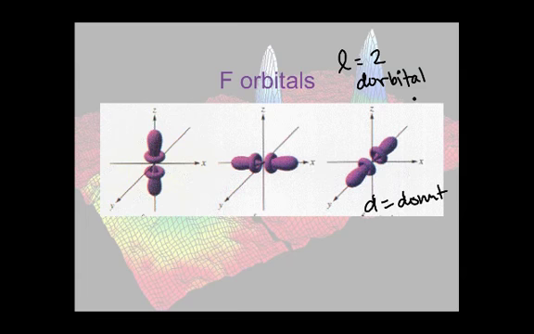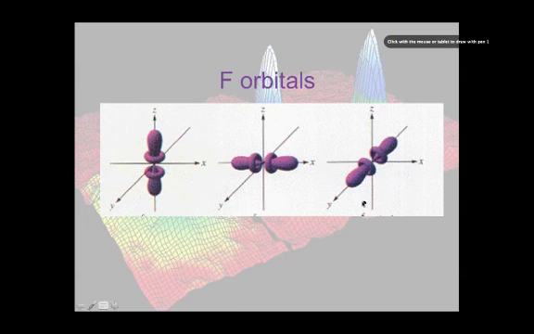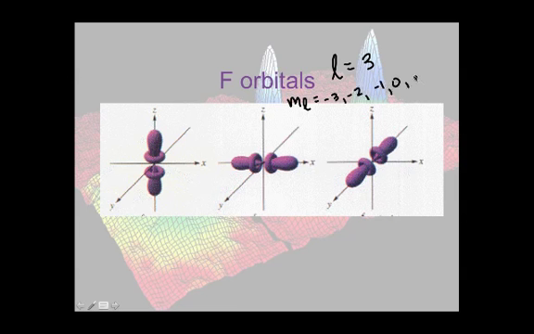Then finally, in the quantum mechanical model, we have this f orbital. So for the naturally occurring elements, we only go up to f orbitals where L is going to be equal to 3, and then if L is equal to 3, then m sub L could have all of these values: -3, -2, -1, 0, +1, +2, or +3.